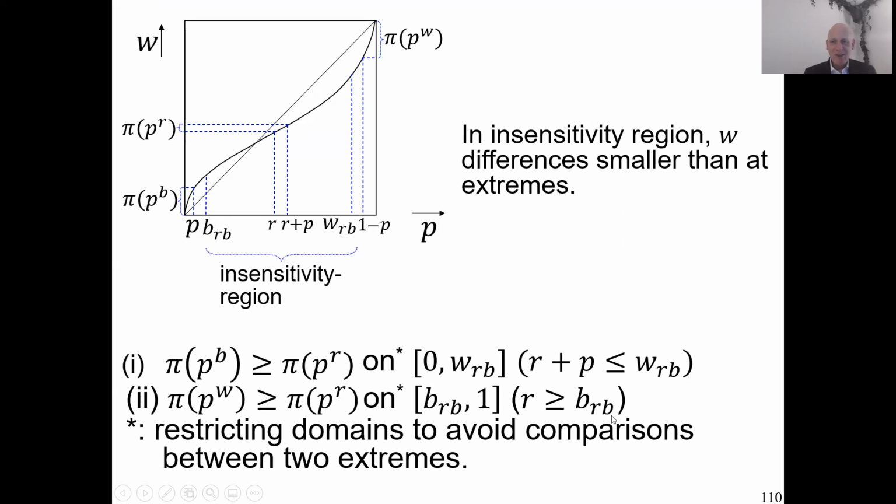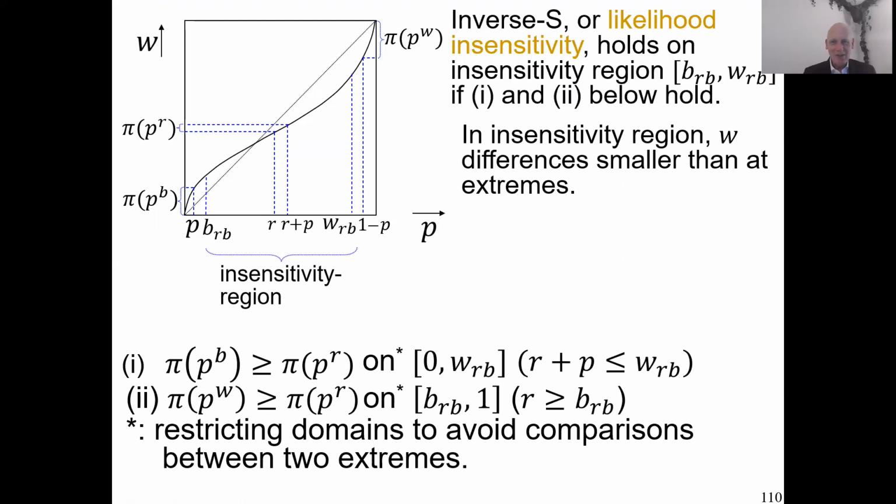Well, now let me write it in a full sentence. I should still do it, what exactly it is. So in a sentence, I say inverse-S or likelihood insensitivity holds on an insensitivity region written there. And by the way, this insensitivity region is to be determined by the modeler at the modeling stage. Then you have to decide what you think is a reasonable region where it will hold or where you need it.